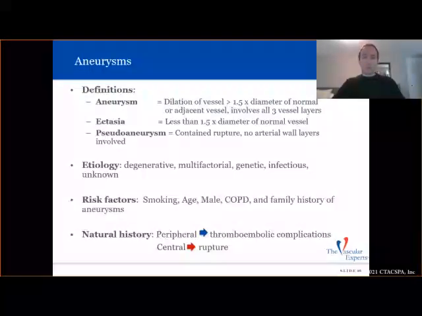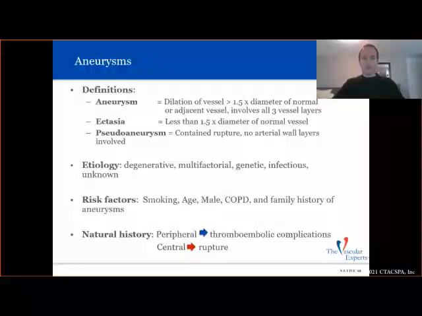So the etiology of the aneurysms, most of that we see are degenerative and multifactorial, genetic, and rarely infectious. The risk factors are important. Smokers, anyone that was a smoker should be screened for aneurysm, age, male, COPD, and then importantly family history, which presents a high risk of rupture.